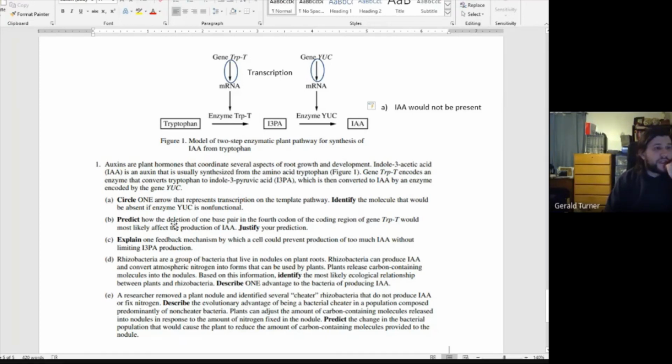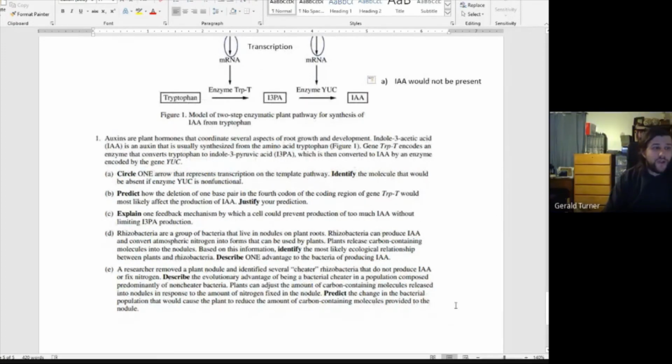We need to predict how the deletion of one base pair at the 4th codon of the coding region would most likely affect the production of IAA. So we're looking at this enzyme right now, and we are looking at a deletion. So this is where we need to think back to translation, which was very recent.